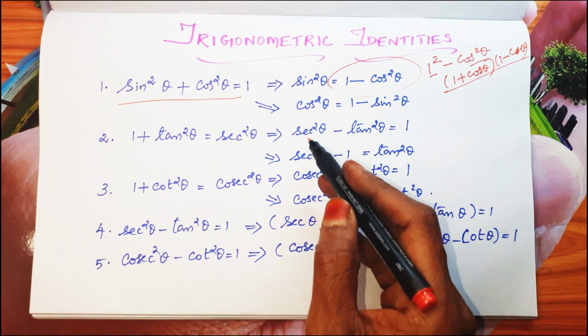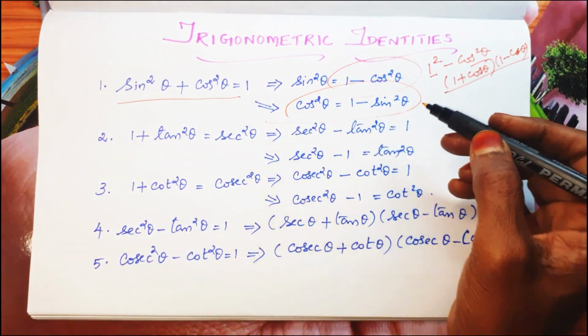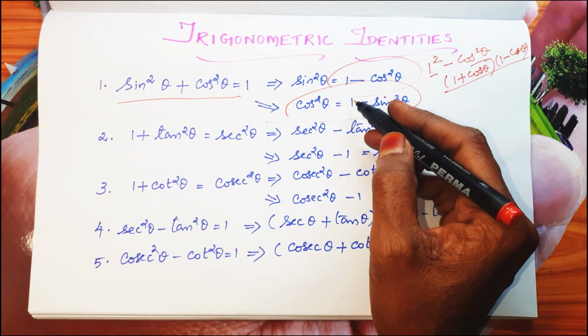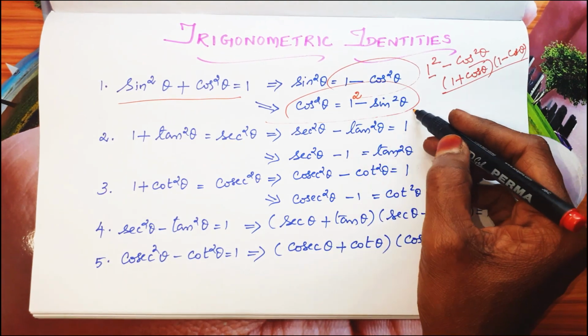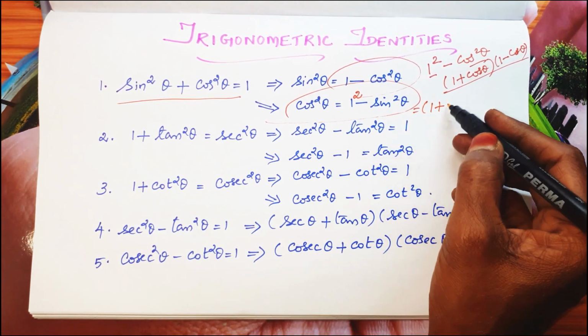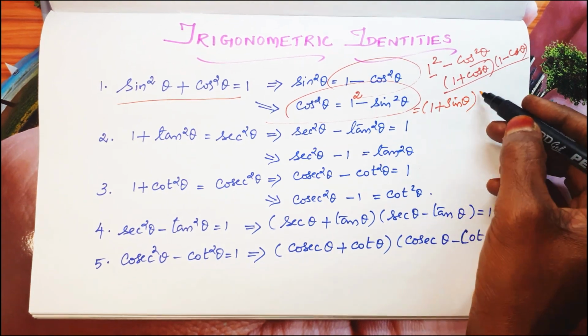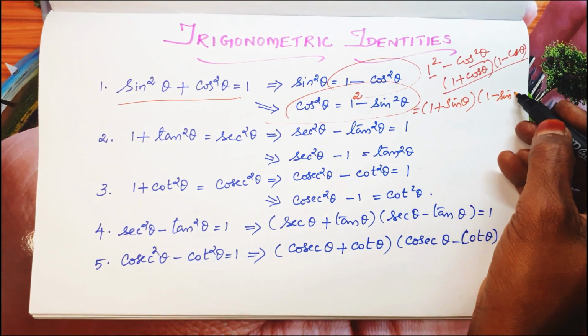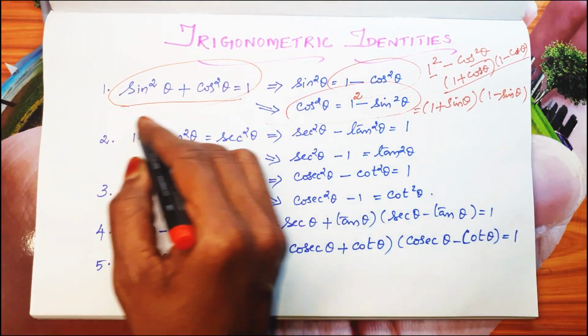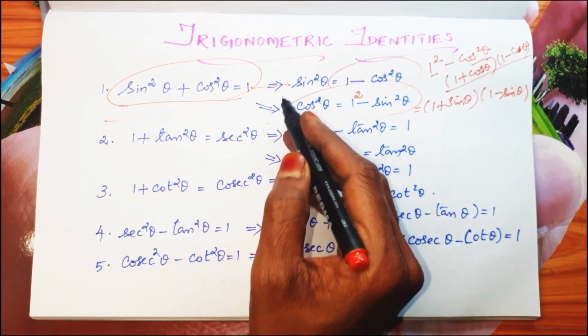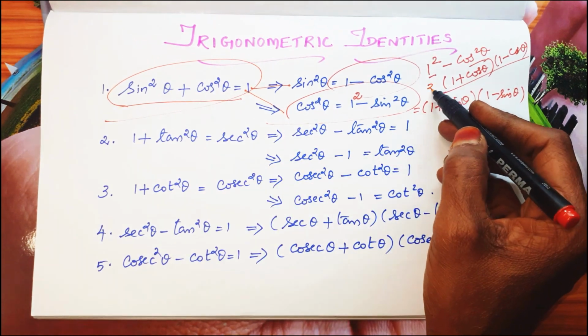And the second term, cos squared is 1 minus sin squared. Similarly 1 minus sin squared can be written as 1 squared minus sin squared, so it is 1 plus sin theta into 1 minus sin theta. So we have different relations from this.